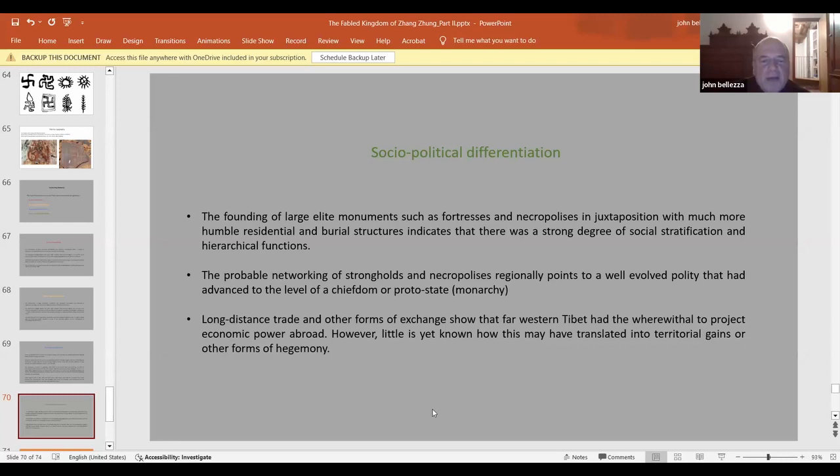The probable networking of strongholds and necropolises regionally point to a well-evolved polity that had advanced to the level of a chiefdom or proto-state. Long-distance trade and other forms of exchange show that far western Tibet had the wherewithal to project economic power abroad. However, little is yet known how this may have translated into territorial gains or other forms of hegemony.